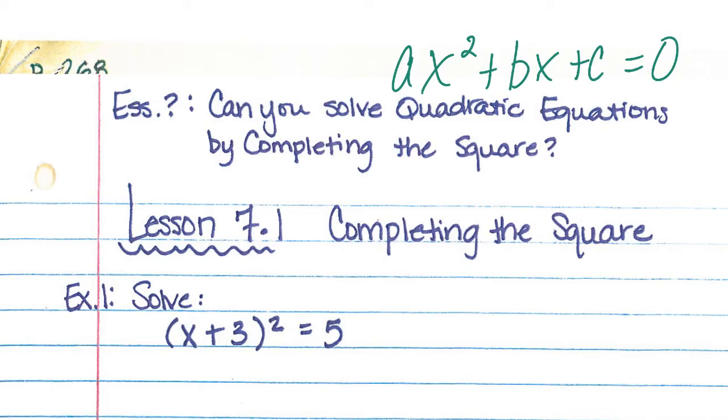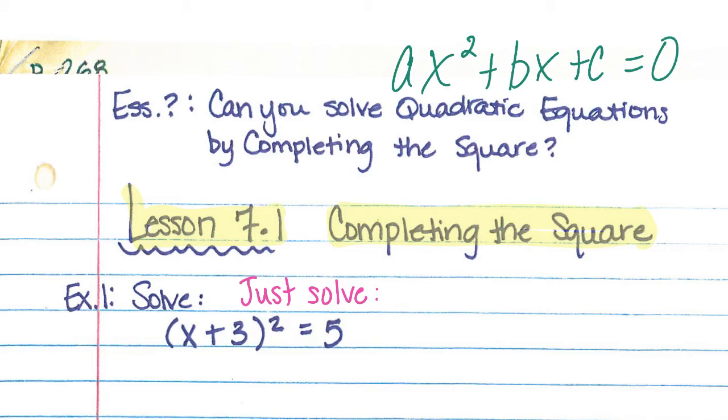The first way that we're going to solve is not by completing the square, although our lesson is completing the square. Sometimes I call this one just solve, or solve by using perfect squares. So notice this one's already set up really nicely for us.